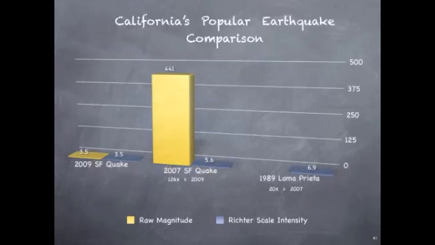This is a comparison between the actual movement of the 2009 quake and of the 2007 quake. The 2007 quake is 126 times greater than the one in 2009.